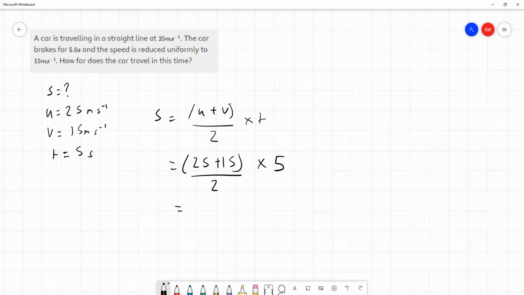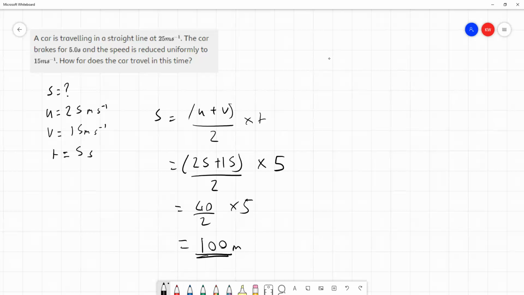So we've got 40 divided by 2 times 5, which is equal to 100. And remember, our unit is distance, working in meters. 100 meters is our answer for this first example. That's using one of our equations of motion.